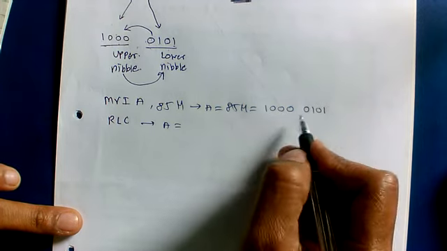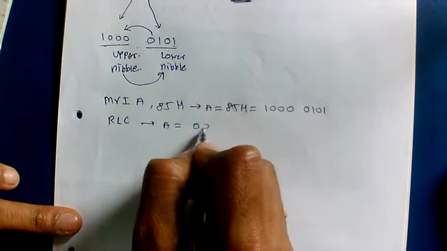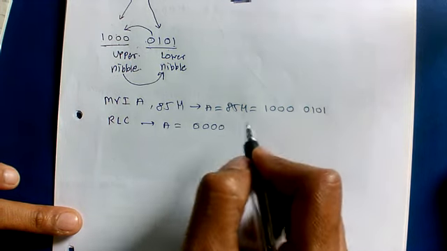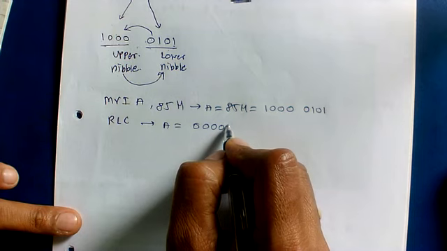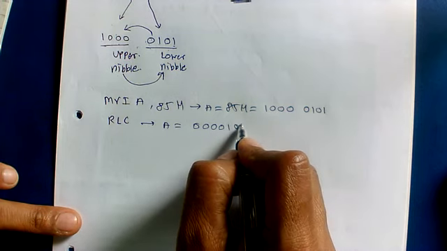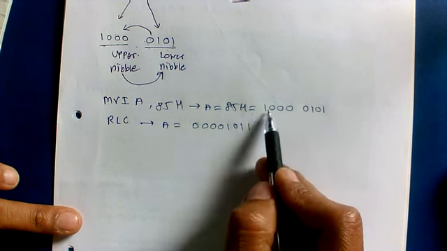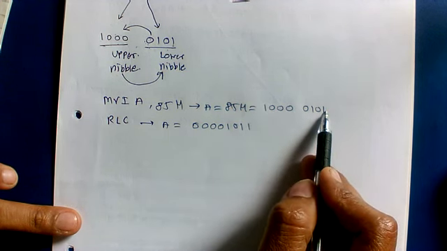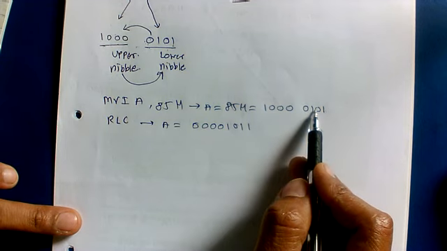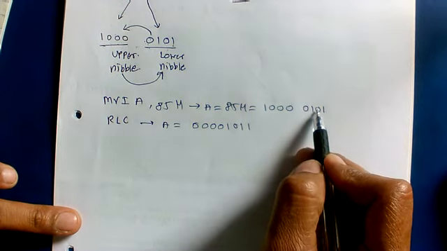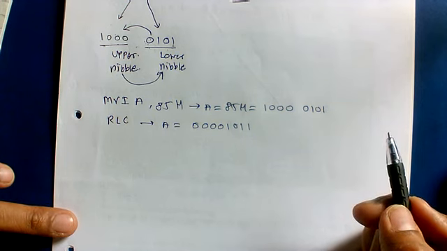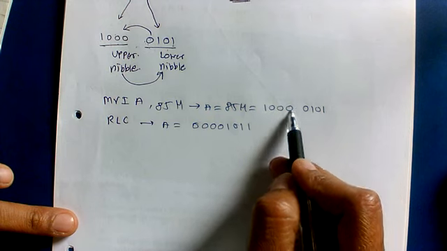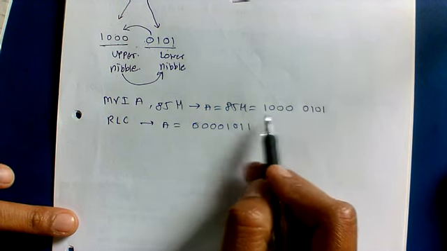So you will get 0 0 0 0 and 1 0 1 1. Okay, so this most significant bit goes at least significant location, and bits available in the accumulator get shifted to left.